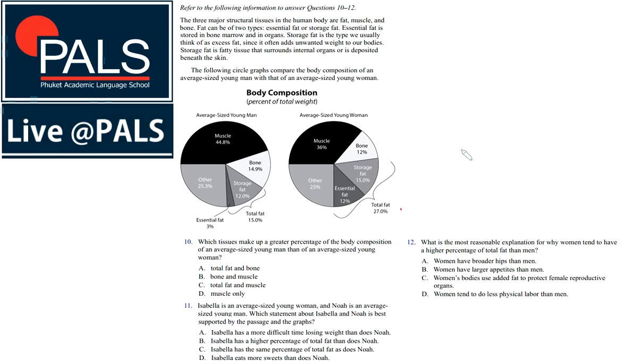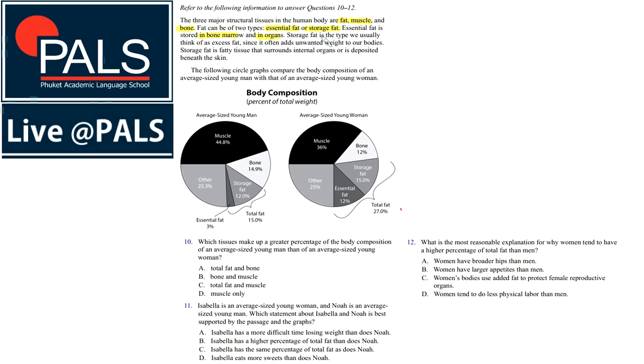So, our last three questions for today's screencast. The three major structural tissues in the human body are fat, muscle, and bone. Fat can be of two types: essential fat or storage fat. Essential fat is stored in bone marrow and in organs.